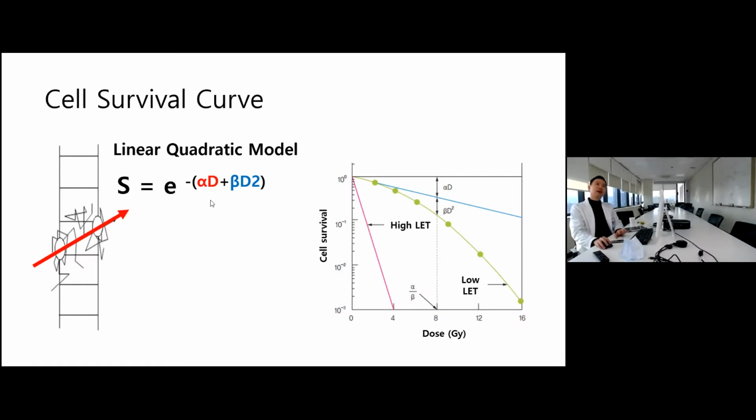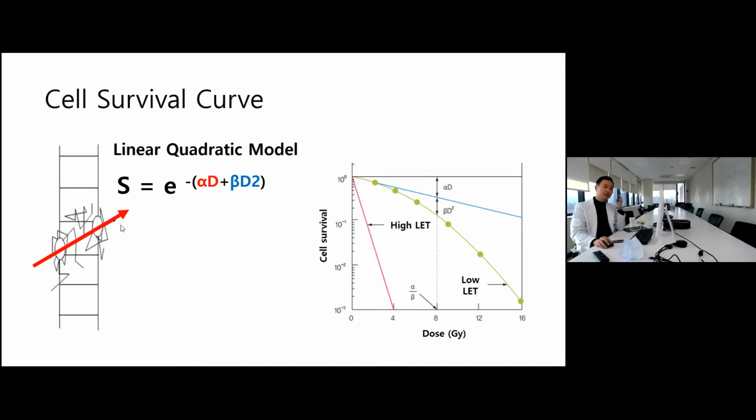What do alpha D and beta D squared refer to? Firstly, alpha D is the probability of whether a double strand break will occur. It means that from one hit, there is a double strand break and cell damage, so it is linear.